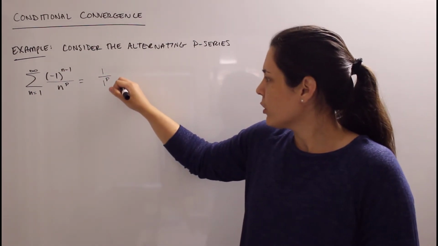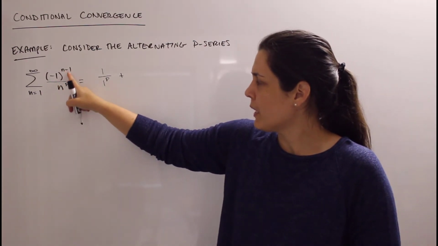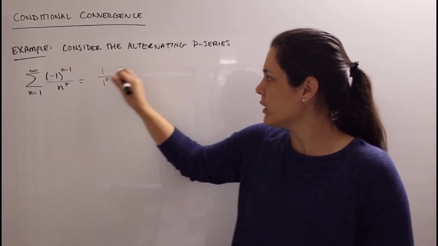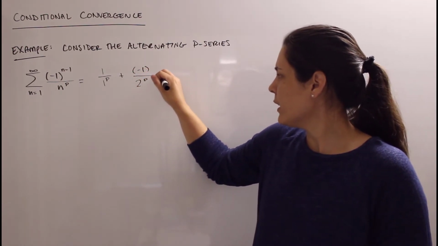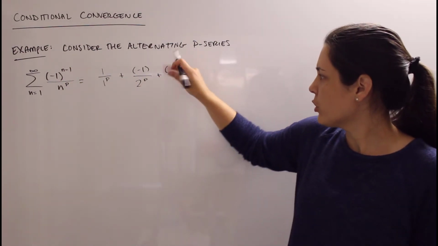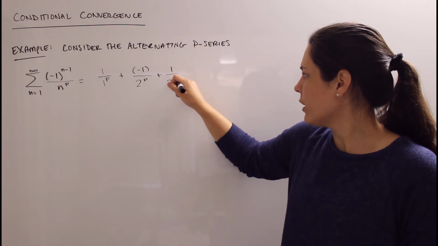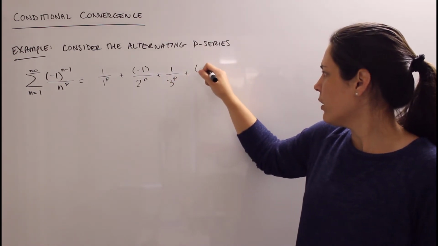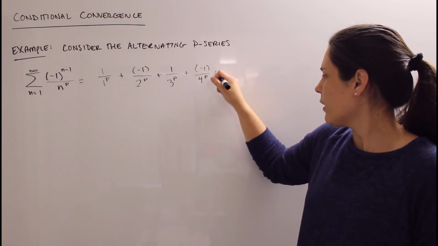Then our next term, plus, when n is 2, becomes a first power on top, which is -1, and then 2 to the p. The next one, when n is 3, is -1 squared on top, which is +1, and then 3 to the p, and so on. It's going to be -1 over 4 to the p, and so on.